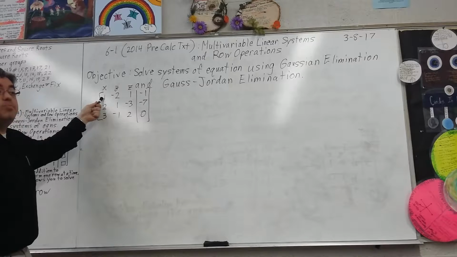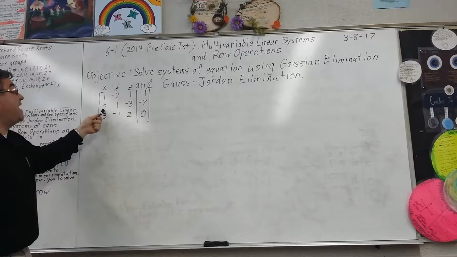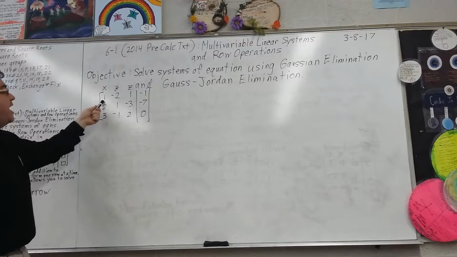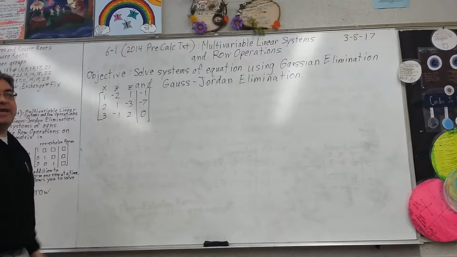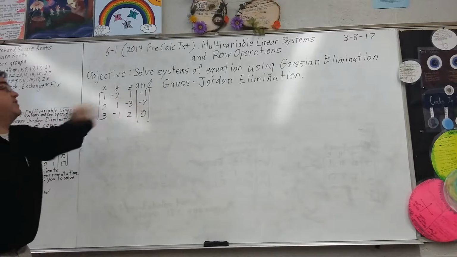But I can multiply this whole row by something, so that when I add it to this row, this becomes a 0 right there. What would I have to multiply this by to make that happen? 0. No, if I multiply this by 0, then all of them will be 0.